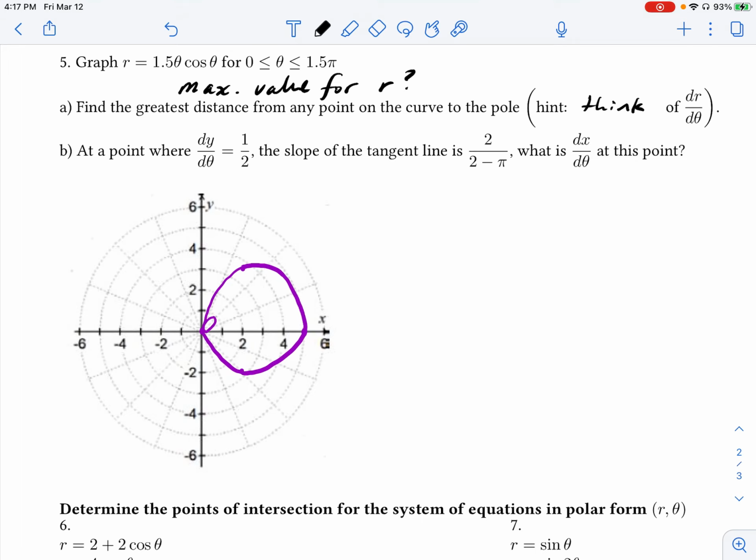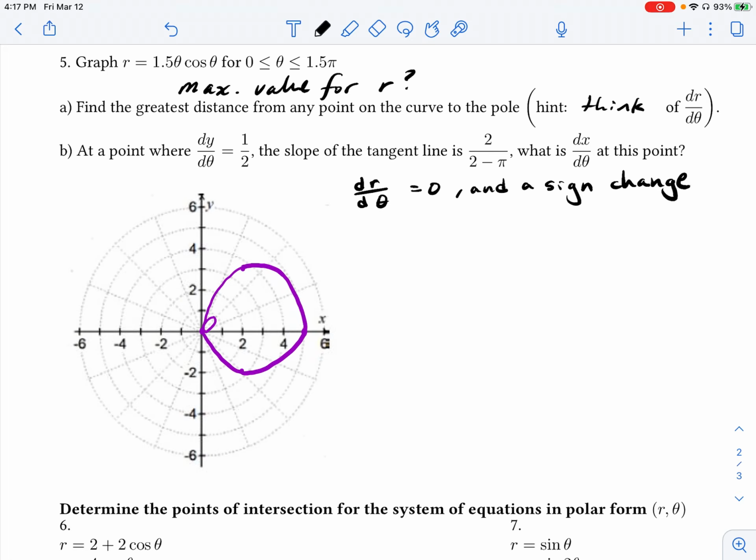Well, we used the first derivative. We found the places where our derivative was equal to 0, and we saw a sign change, right? Think back to the first derivative test. That's exactly what we're going to be doing here, but we're just working with polar functions. So what we're going to be looking for is where dr d theta is equal to 0 and a sign change. That's where we are going to see a possible maximum or a minimum.